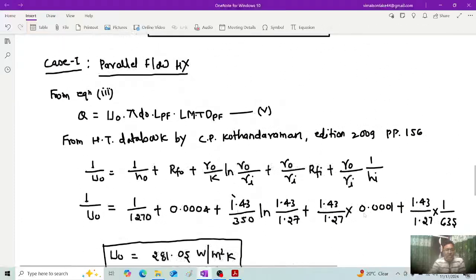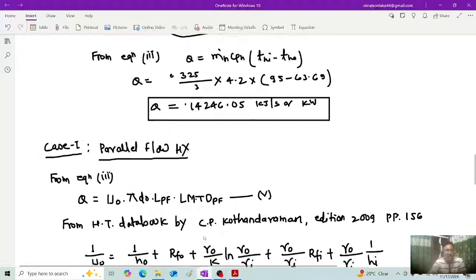Hence, from equation 5, I can calculate the length of parallel flow heat exchanger.